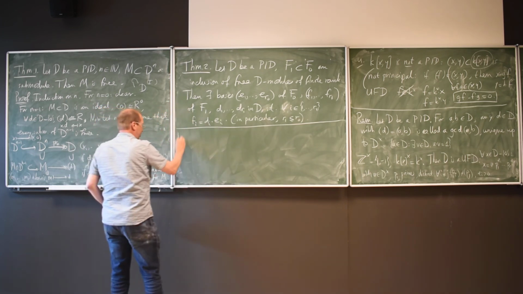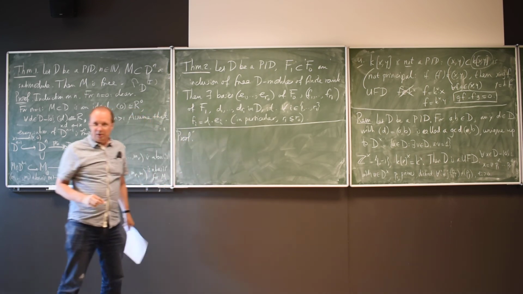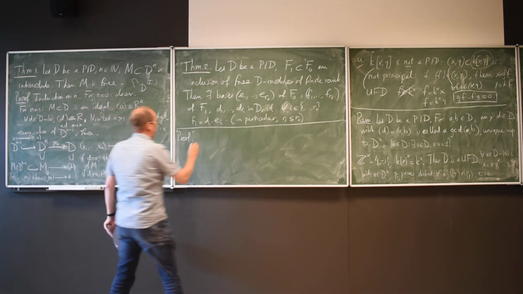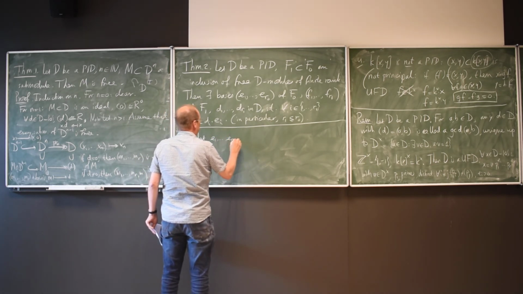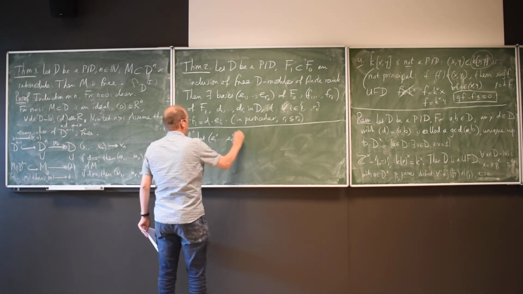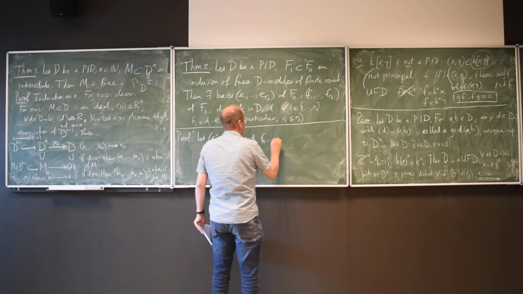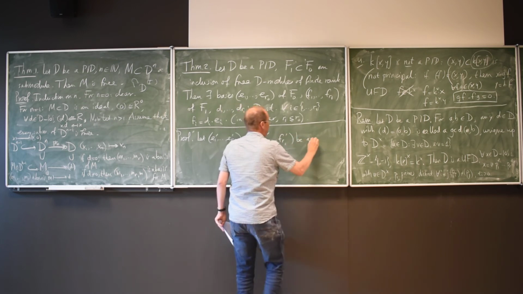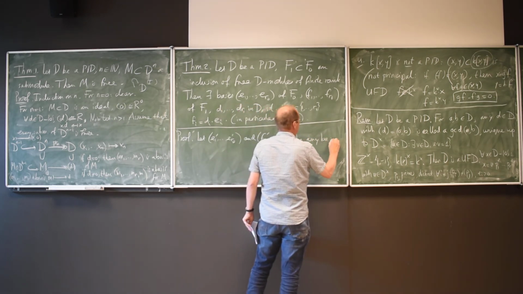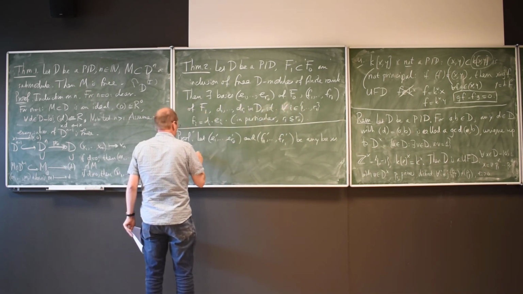So here I will just do some hand waving, but it is an algorithmic proof. So you take E1 up to ER0 prime and F1 up to FR1 prime, let them be any bases of F0 and F1.